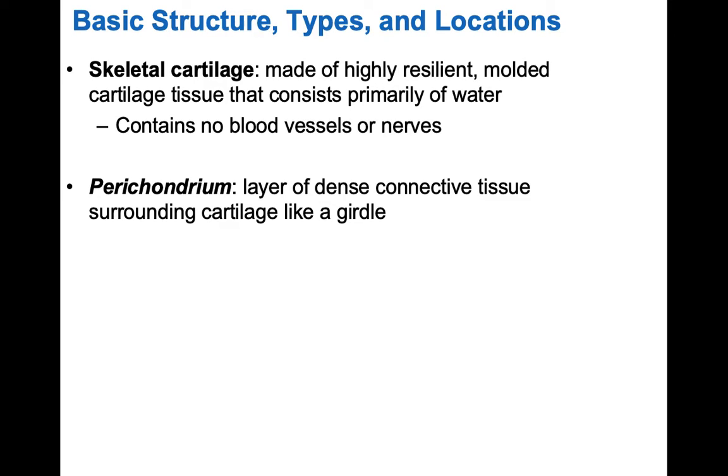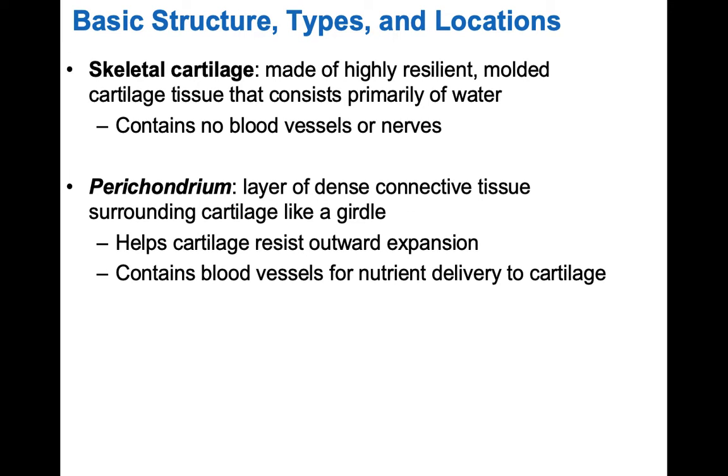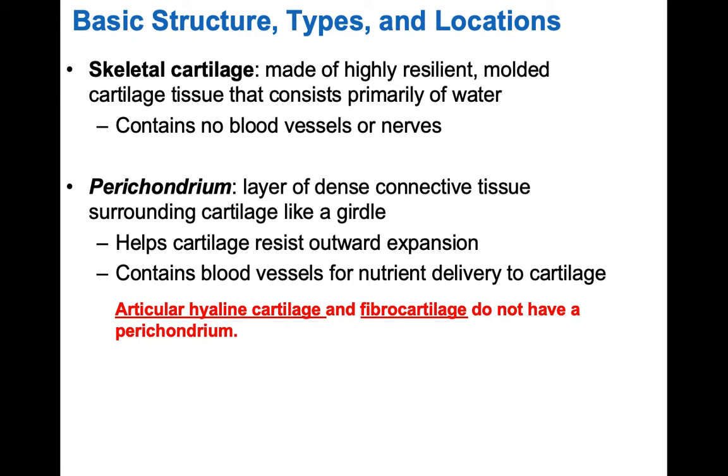So cartilage itself has this perichondrium, a layer of dense connective tissue surrounding cartilage like a girdle. Okay, it helps cartilage resist outward expansion and contains blood vessels for nutrient delivery to cartilage. And the exception to the rule, not all cartilage has a perichondrium. Articular, hyaline cartilage, and fibrocartilage do not have perichondrium, and I'll talk about what that is.